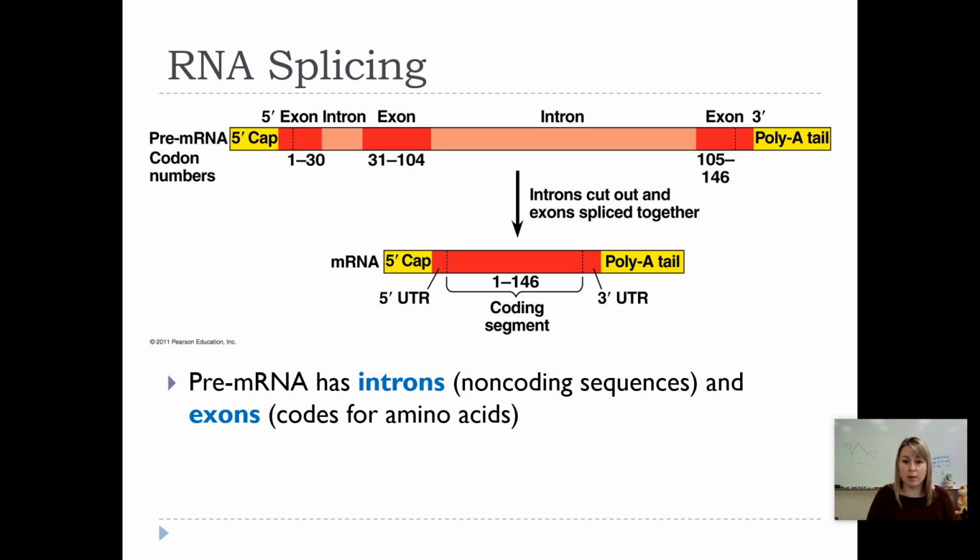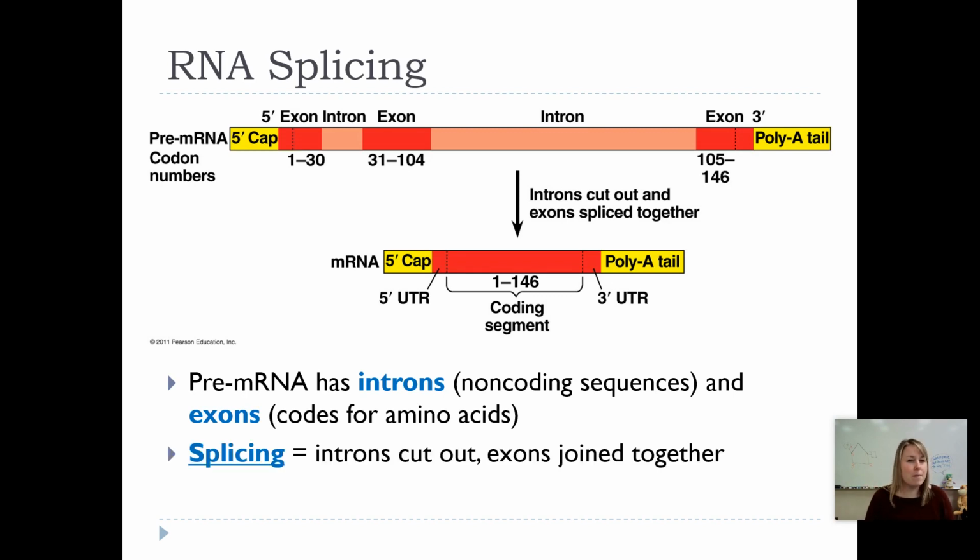And it's these segments called introns. So the introns are non-coding sequences, at least not for this protein. So we're going to remove them and splice together the exons. The way I remember which one gets cut out is I remember that exons get to exit.